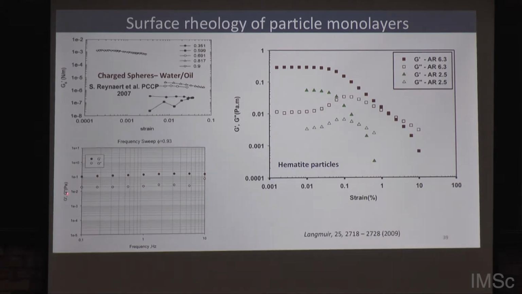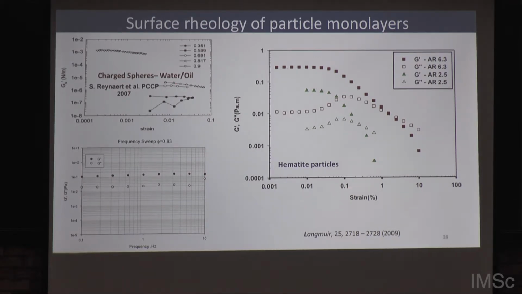Whenever we talk about G prime and G double prime as a function of frequency, if this is frequency independent, you can think of it as a gel-like interface. Look at the magnitude of these moduli. This is much larger compared to the case of spherical particles. Therefore the elliptical particles put at an interface behave like a gel, with a modulus much larger than the spherical particles.